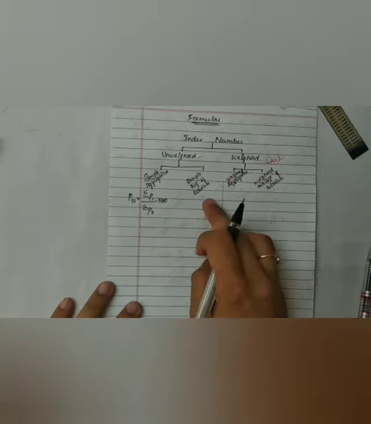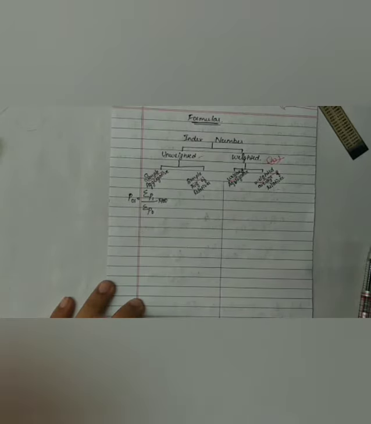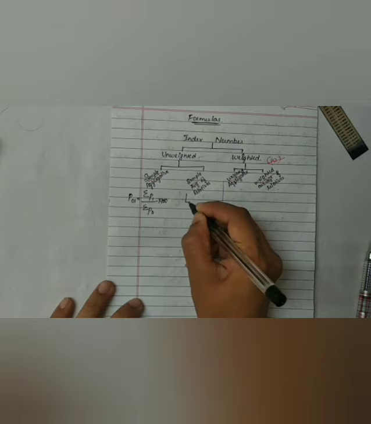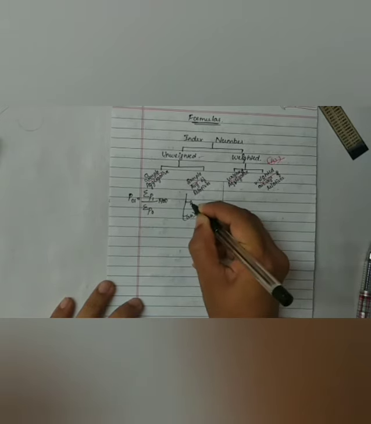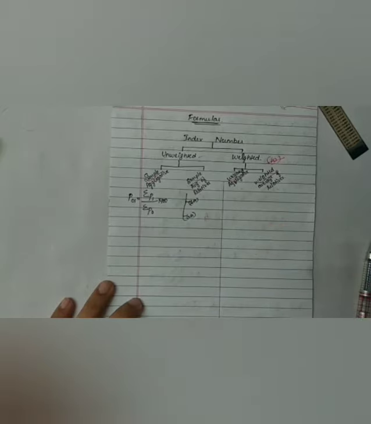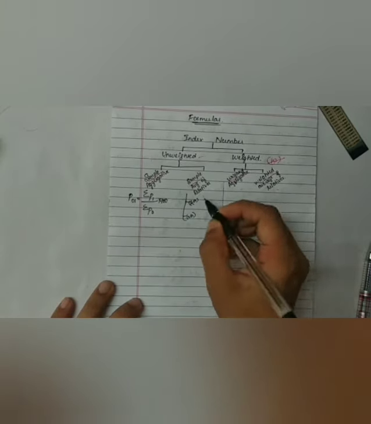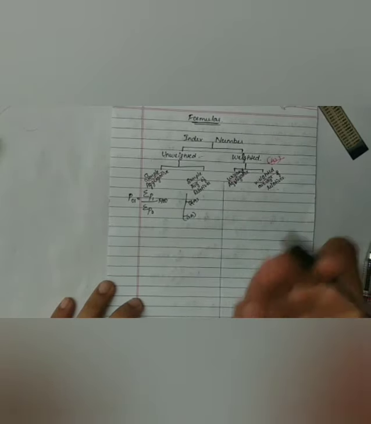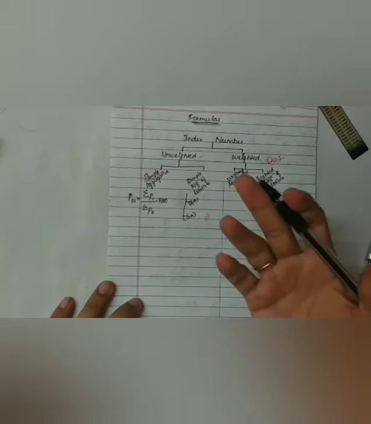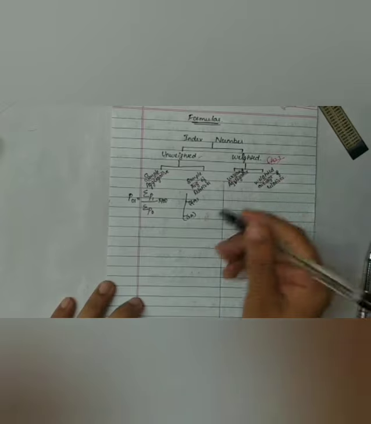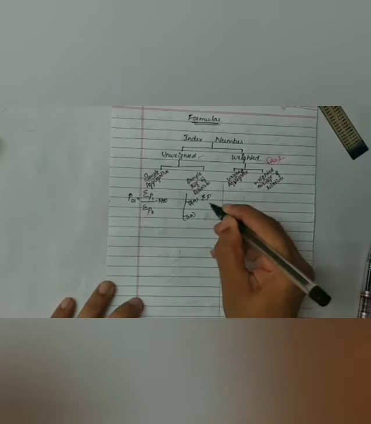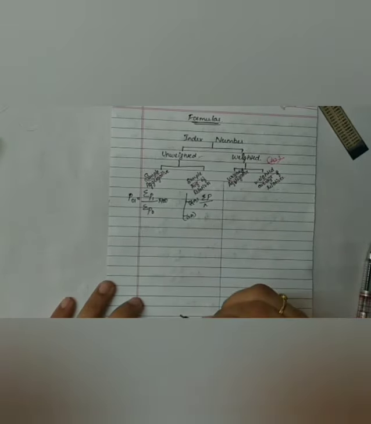So when it comes to simple average, two types are there, isn't it? Arithmetic mean and geometric mean. So arithmetic mean, just like our normal arithmetic mean, how it was summation fx divided by n, isn't it? So here instead of fx we are writing summation capital P divided by n.